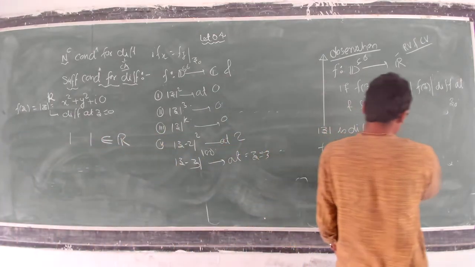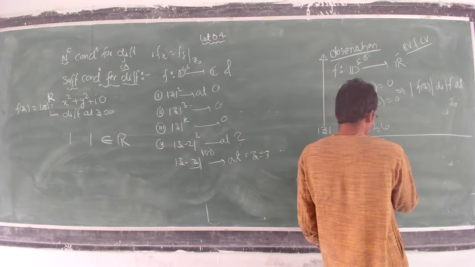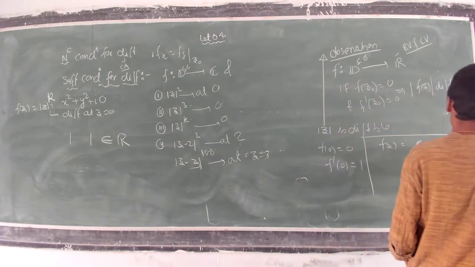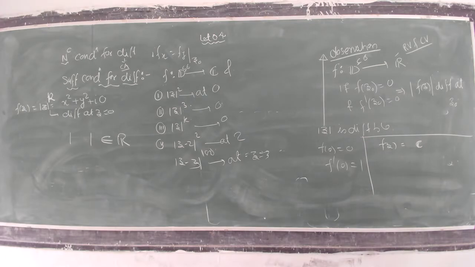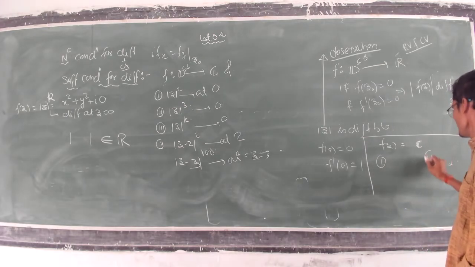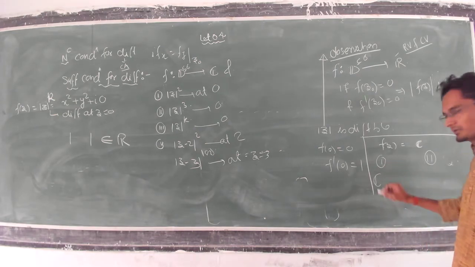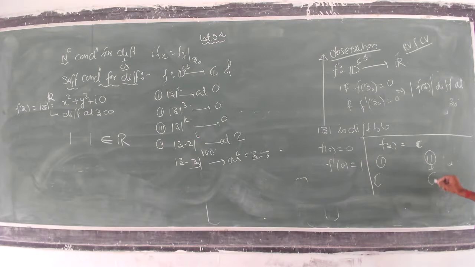So on the last one, you can check f is equal to some constant function c. Check it. So there are two conditions, condition 1, condition 2. Condition 1 will satisfy everywhere, condition 2 also will satisfy everywhere.